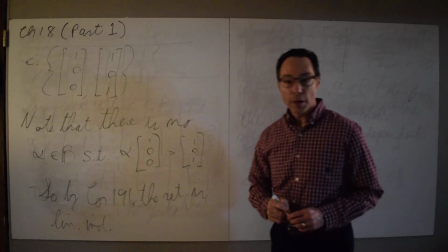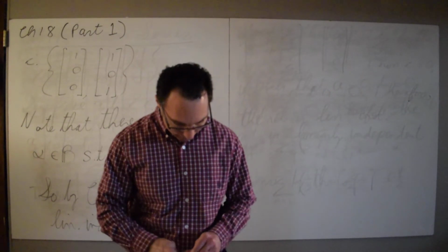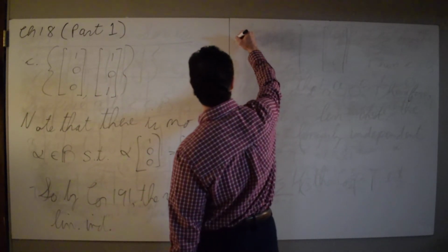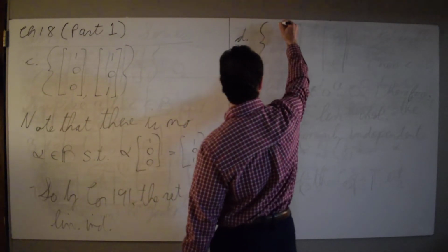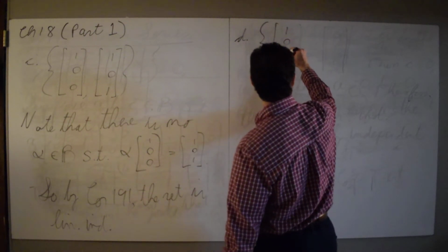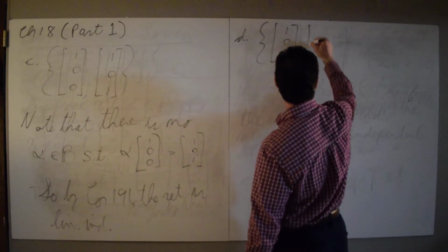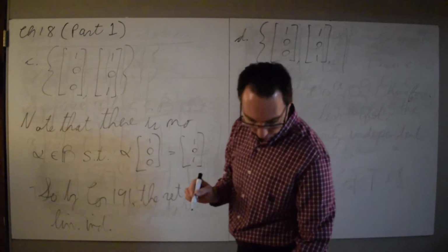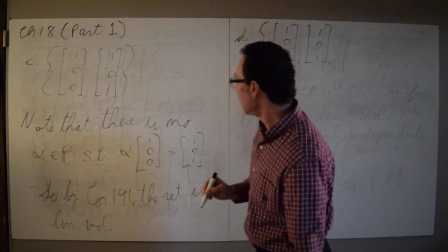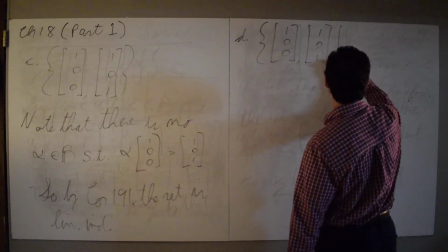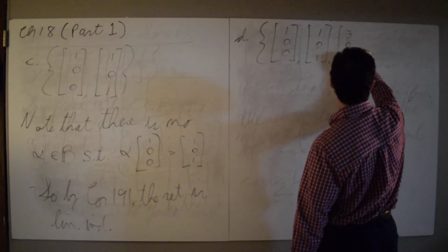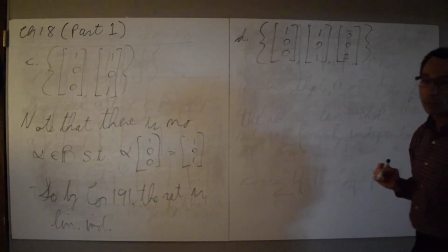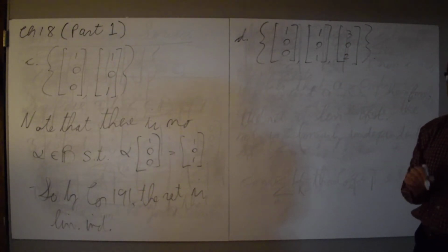The last example that I'll do in this video is part D. Part D, we have the set of vectors 1, 0, 0, 1, 0, 1, and our third vector is 3, 0, 2. This set is going to be linearly dependent.